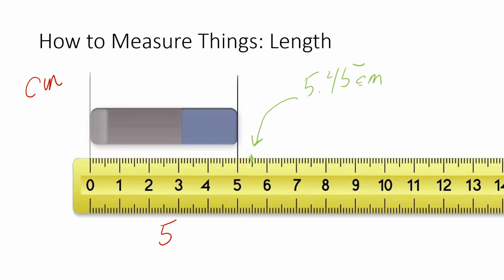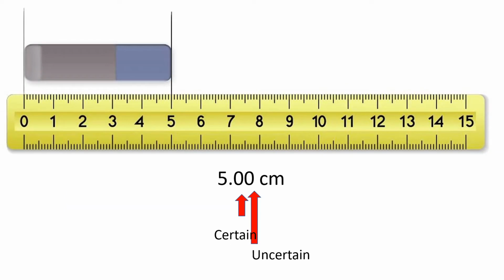Based on this scale, that would give me 5.00 centimeters. As you can see, the 5.00, these are the ones you're certain about, and this is the one that you're uncertain. You have to give your best guess for that.